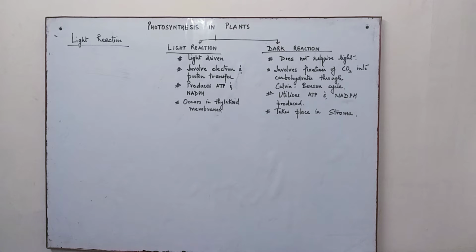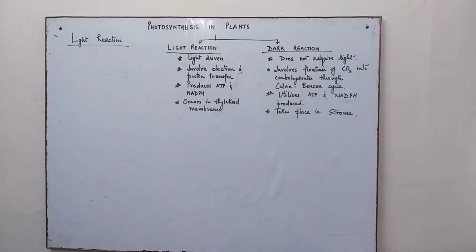Both of these are used as energy currencies. Now, in the dark reaction, we have classified this as dark reaction because this process does not require light, or in other words, it is not directly dependent upon the light. Therefore, the name dark reaction.